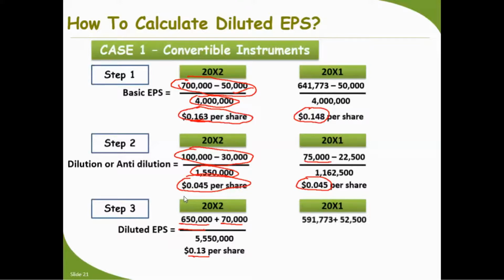Again, result of this, which is 591,770 plus result of this, divided by these 4 million plus these 1,162,500, and your diluted EPS is $0.125 per share. So in this way, we will calculate convertible instruments diluted EPS.